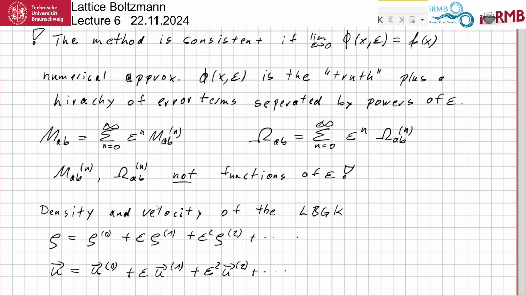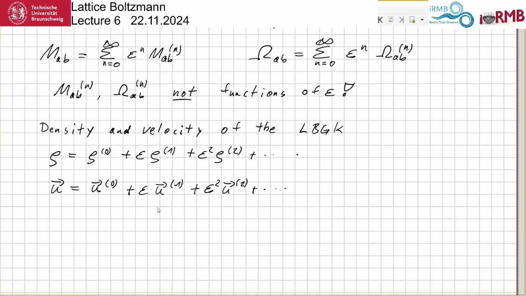Okay, so this is for a general epsilon, but we have not determined what epsilon is. And of course we have a problem because we are doing fluid dynamics, and in fluid dynamics, problems is our second name.